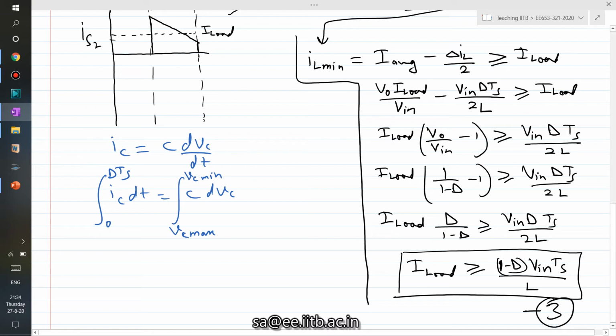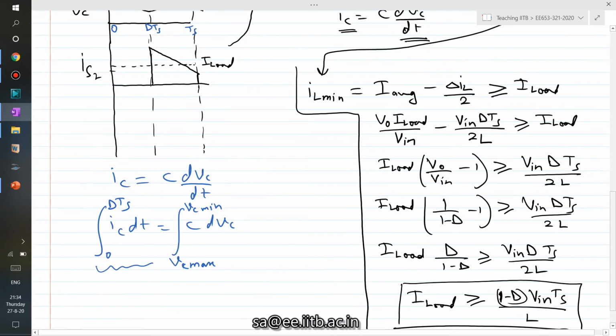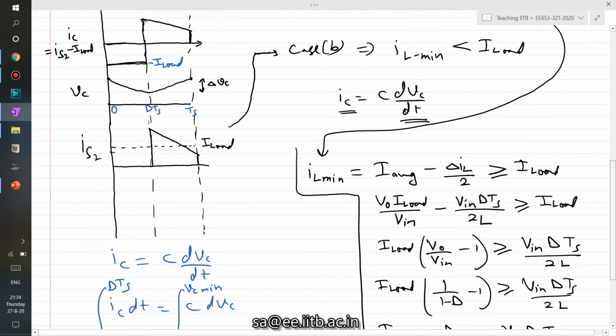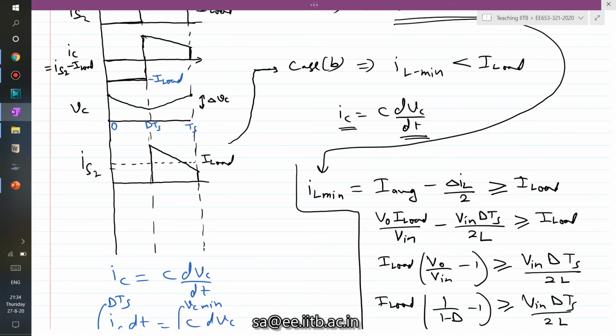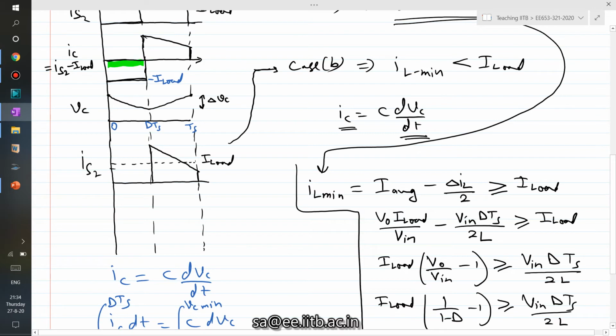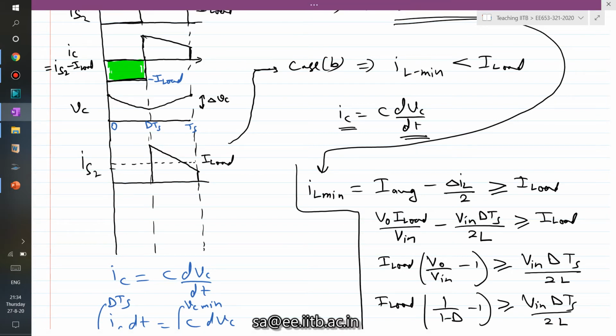Okay. What is the left hand side term? Left hand side term is nothing but area under the curve, represented by the green shaded region, right?